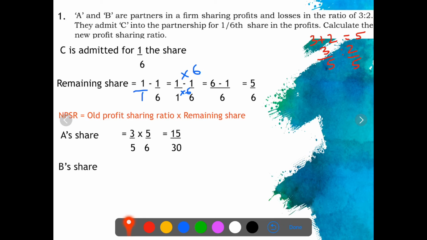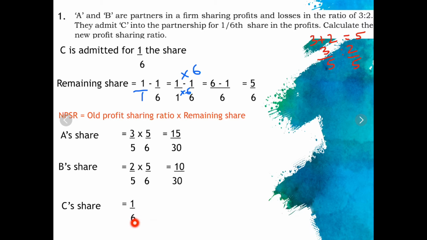Now let's calculate for B. B's share is equal to 2/5 into remaining share 5/6. Again we will multiply directly. 2 fives are 10, 5 sixes are 30. So 10/30. Now we will do for C. They have already given C 1/6 share in the profit. So C's share is 1 by 6.